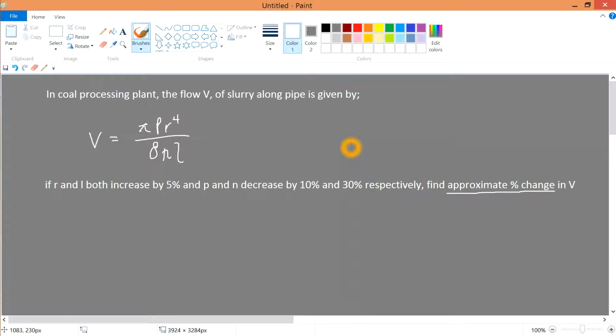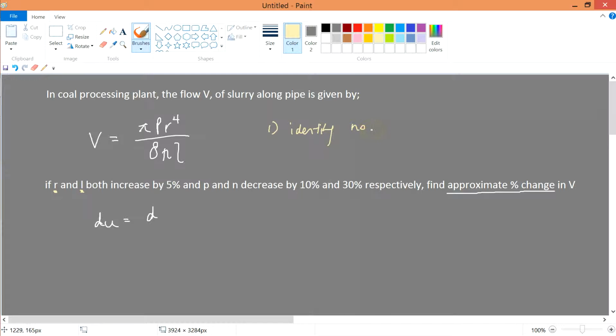If you remember from my last video, we have the approximate and the actual value approach. In this case, we are going to use the approximate approach, and thereby we will have dV equals... we have 4 variables as you can see. The first thing you need to do is to identify the variables.